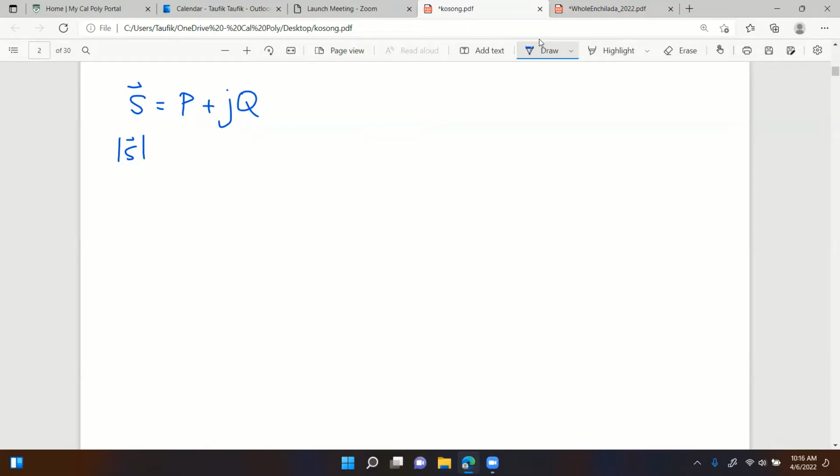Now, previously we learned about P and Q. Anybody remember what the equation for P and Q is in terms of RMS? Is V RMS, I RMS, and then what? If I use peak, maybe you remember the peak equation: 1/2 VM IM, and then what?